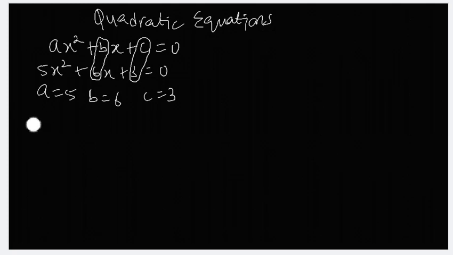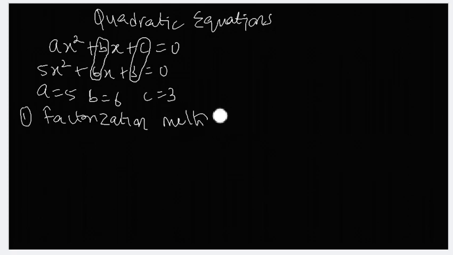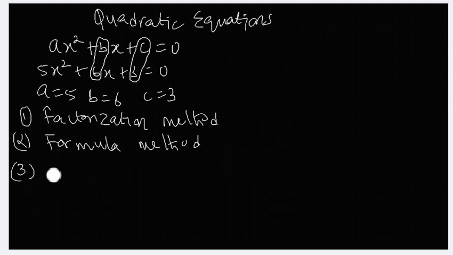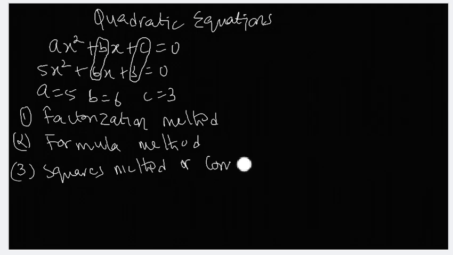Now there are 4 methods of solving quadratic equations. You have the factorization method, the formula method, the squares method, or completing the square method.